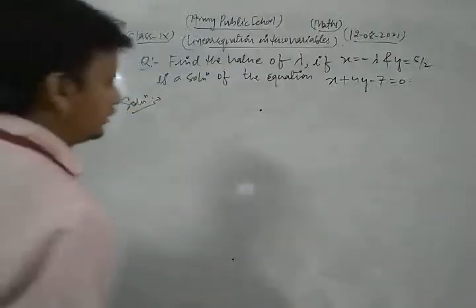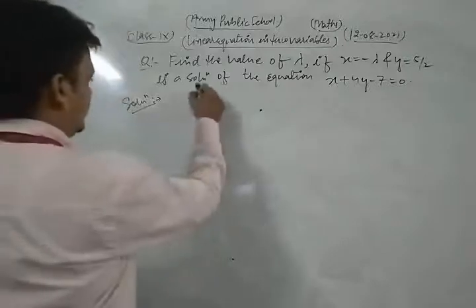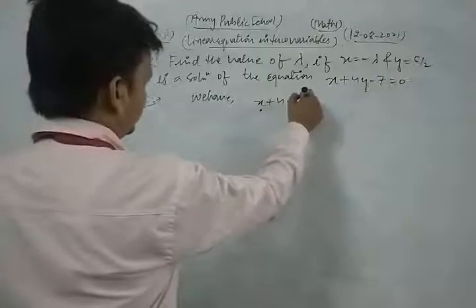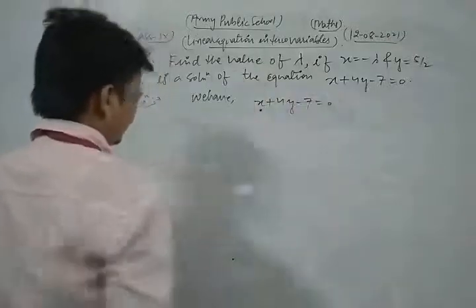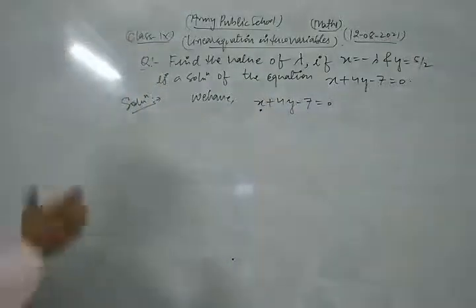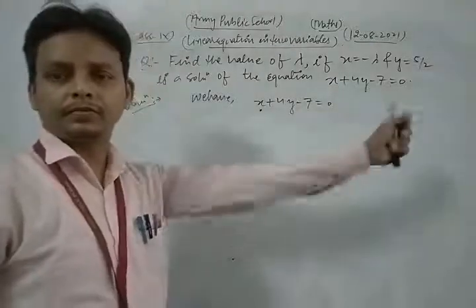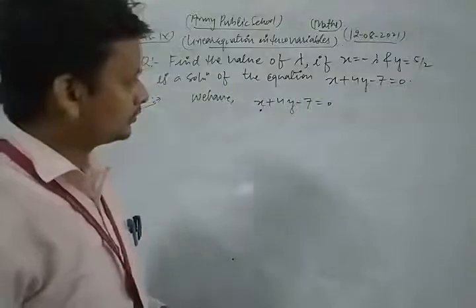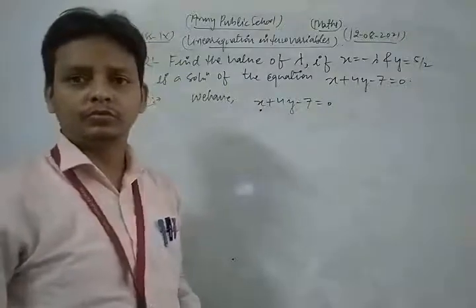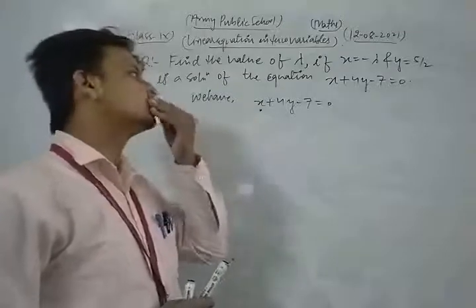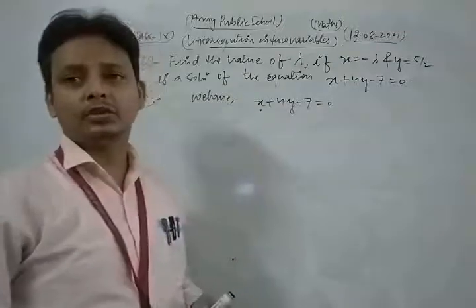First of all, we have the equation x plus 4y minus 7 is equal to 0.